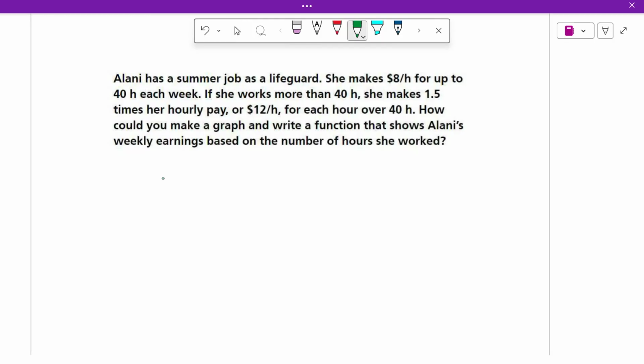Okay? So if we go pay depending on the hours, for up to 40 hours, so if she works from 0 to 40 hours, she makes 8 times however many hours she works, 8x.